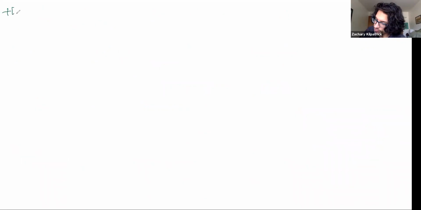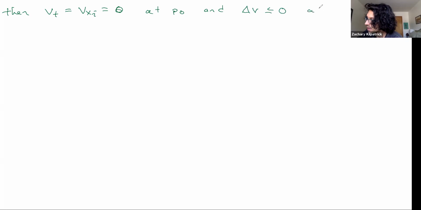So then, if that's true, then v sub t is equal to v sub xi is equal to 0 at p0, and the Laplacian of v is less than or equal to 0 at p0. Okay. But what do we already know from before?